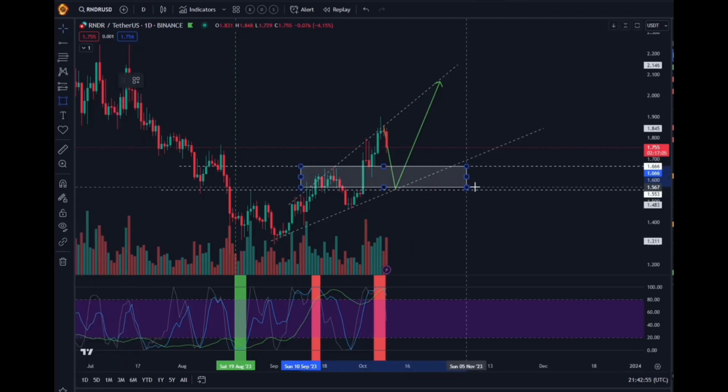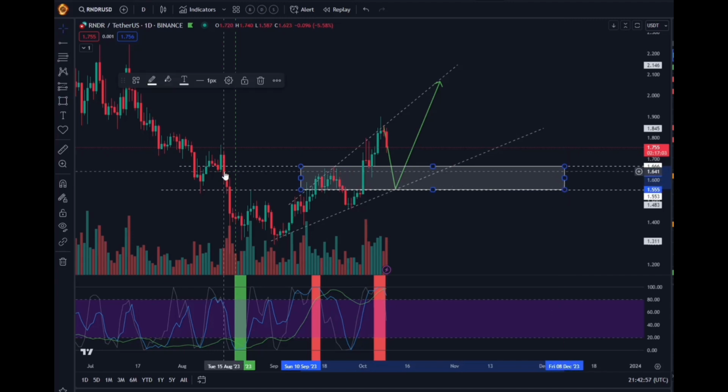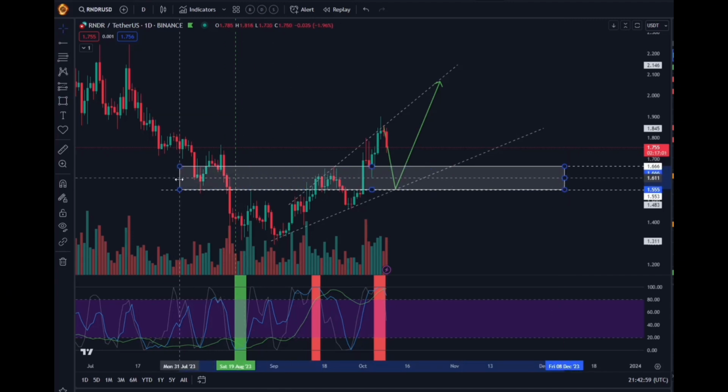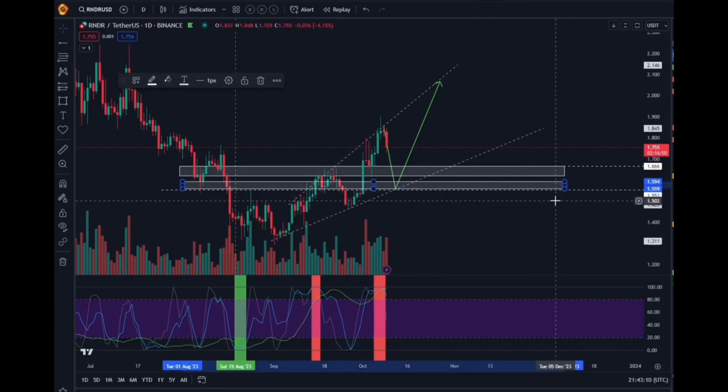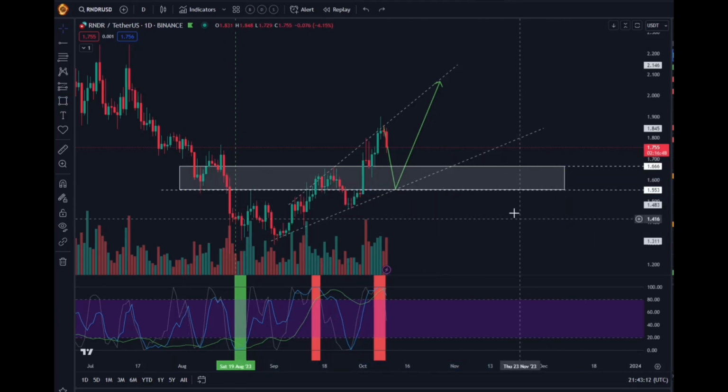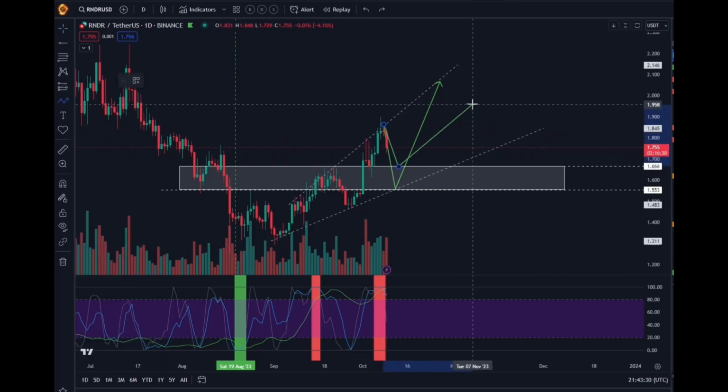I don't like to have these wide boxes, but this is either one zone or two zones, like the upper one alone and then another one here. So I'm just gonna be doing them as one zone. But if we would see a retest even there, let me just show you, I'd be interested in entering long.